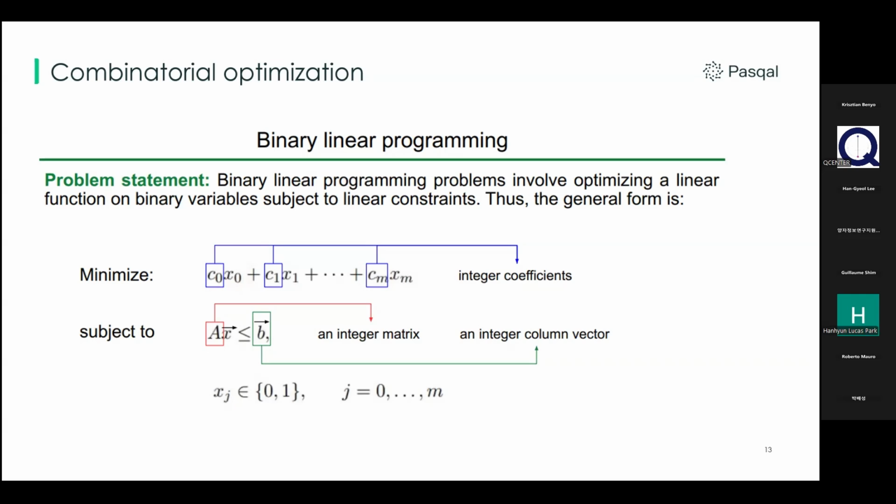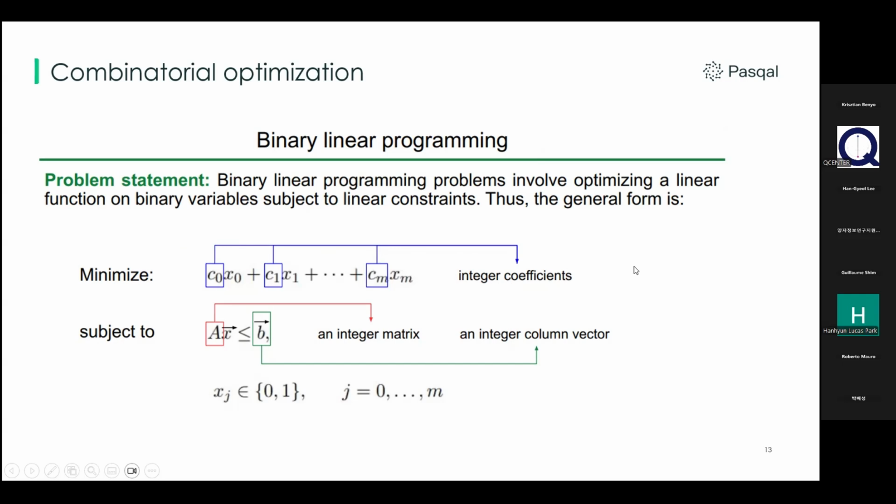And it's a linear programming type optimization because the function to optimize is a linear function. So as you can see, the cost function, so what we want to minimize in this case, is a linear combination between coefficients, so the c's with indexes, and the binary variables, so the x's with indexes.